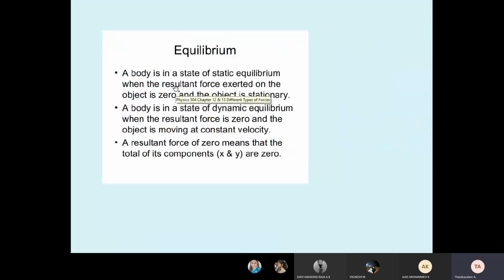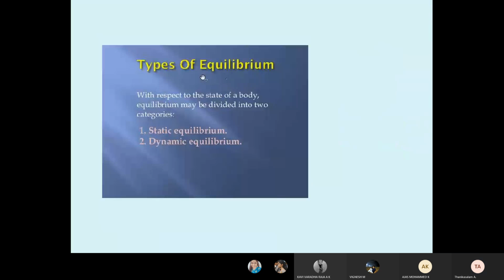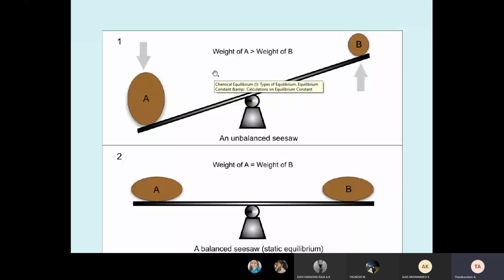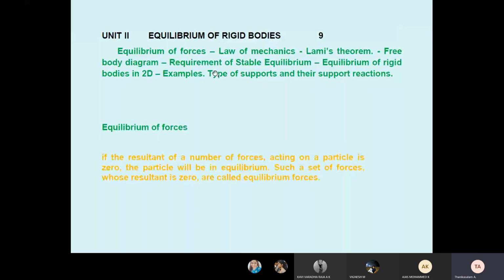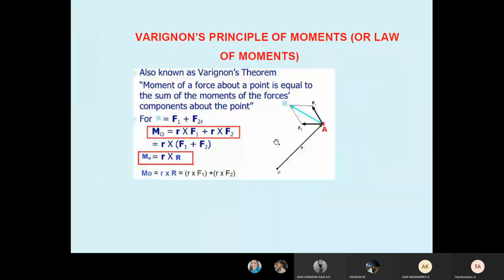Equilibrium can be static equilibrium or dynamic equilibrium. What are equilibrium forces? If the resultant of a number of forces acting on a particle is 0, the particle will be in equilibrium. Such a set of forces whose resultant force is 0 are called equilibrium forces.